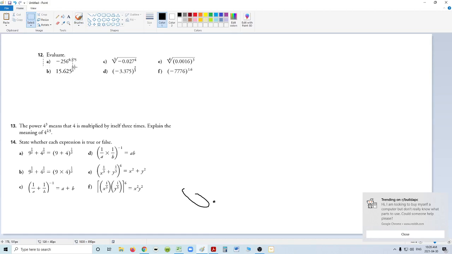Evaluate. This is all calculator. So they want you to get used to punching in your calculator of that. Now, it would be possible to express that as a fraction, actually. It would be minus 256, 375 over 1,000.